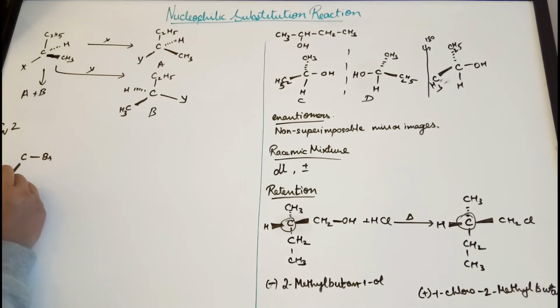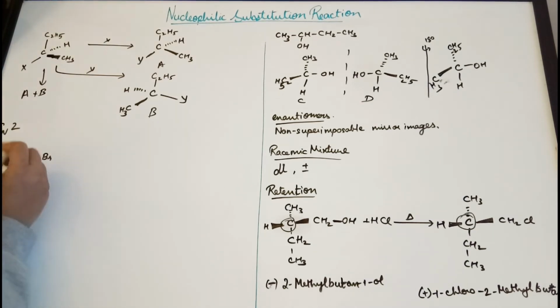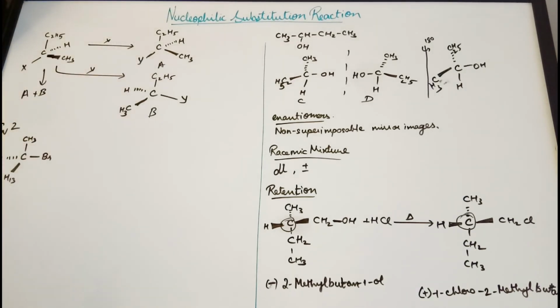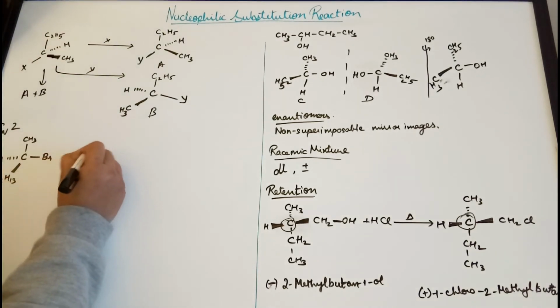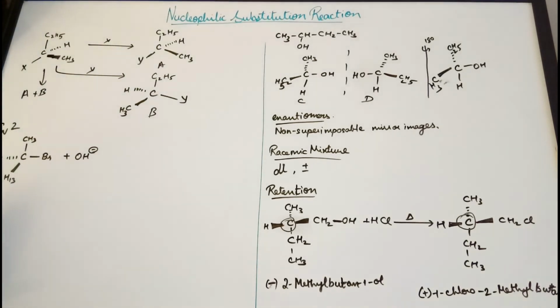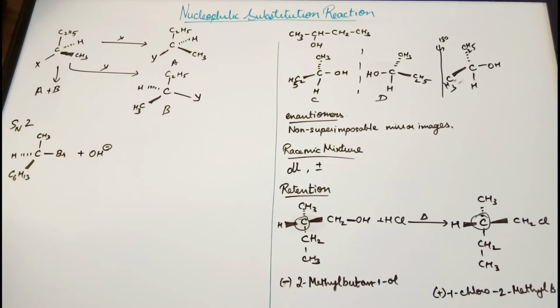It's a long compound, with a hydrogen atom away from us and a CH3 group on the plane of paper. Now we are assuming a nucleophile, OH minus, is coming and attacking.